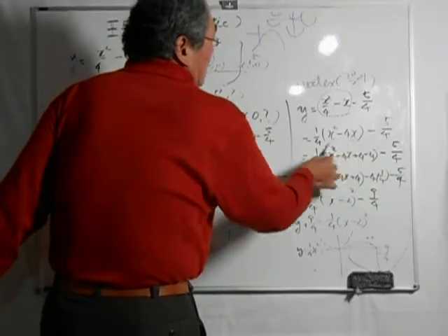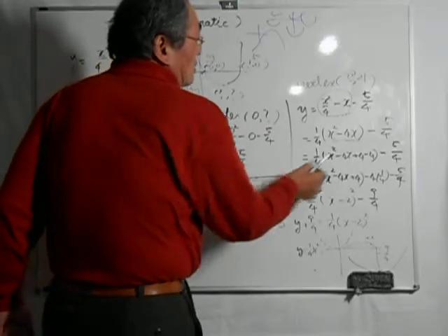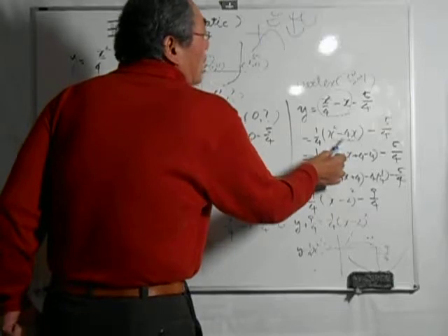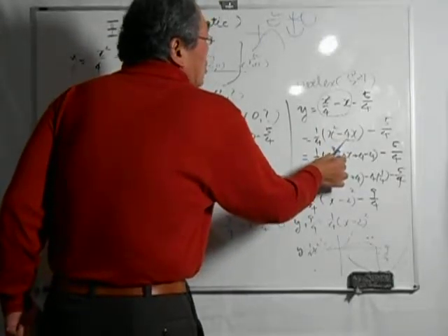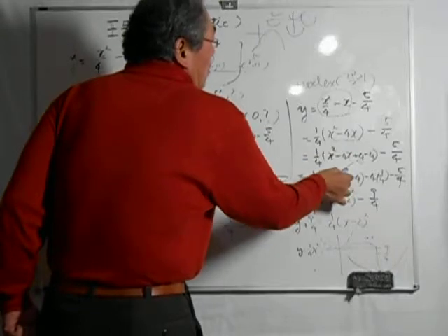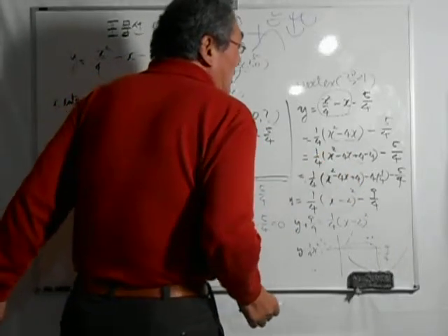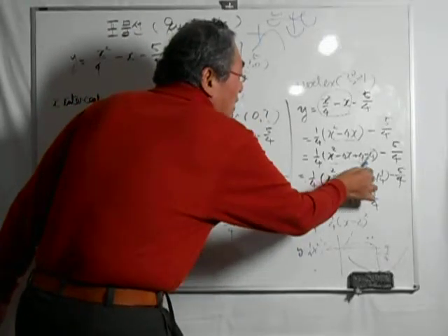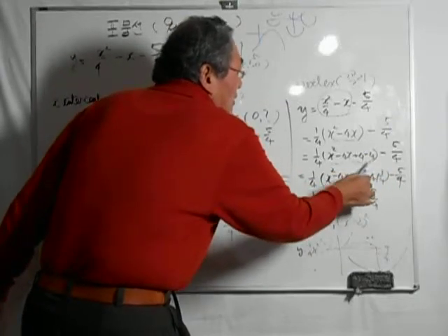Then from this, to make a perfect square, this number divide by 2. 2로 나눈 다음에 n square. So divide by 2 is 2. Square is 4. That's why plus 4 minus 4 will be the same as this. Okay? Then we need this part, so we have to get rid of this. So pushing out.